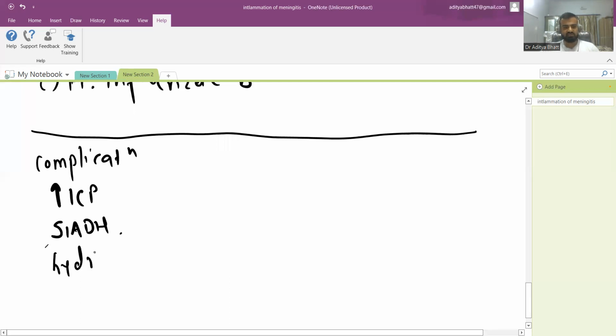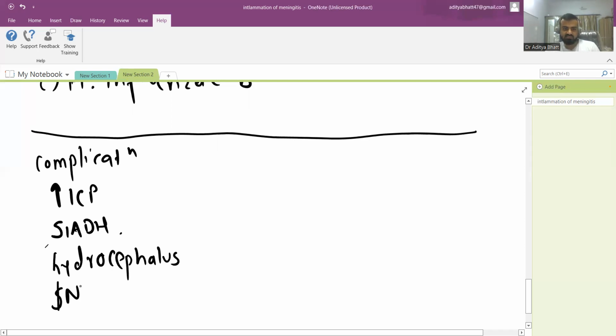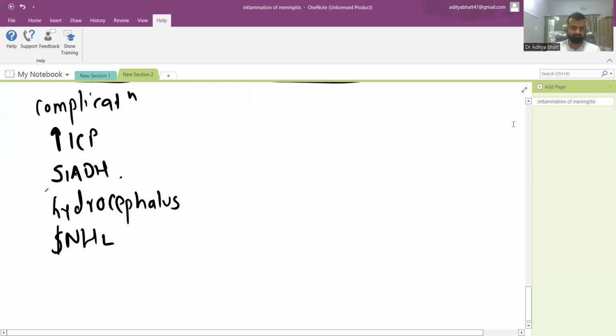Hydrocephalus is a common occurrence in patients whose sutures are open, so the fontanelles are present and the sutures have not closed. In these patients, hydrocephalus is common if you do not treat timely and with steroids. It might also cause widening of sutures in patients whose sutures have already closed. So these are the three common complications. Another complication, as I told you, is hearing loss, and it is sensorineural hearing loss, not conductive hearing loss.